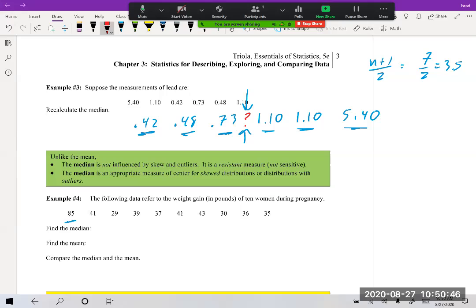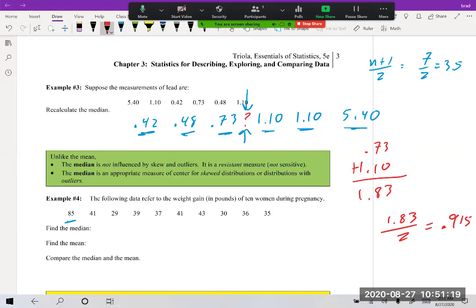We're going to take 0.73 plus 1.10, and we're going to get 1.83, and then we're going to divide that by 2, okay? So I'm going to take out my calculator, and I'm going to do 0.73 plus 1.10 divided by 2, and I'm going to get 1.83 divided by 2, and I get 0.915.